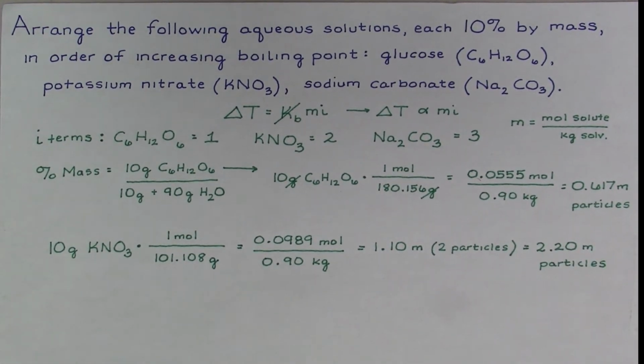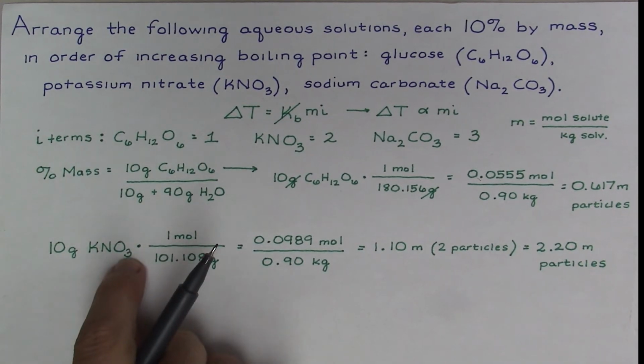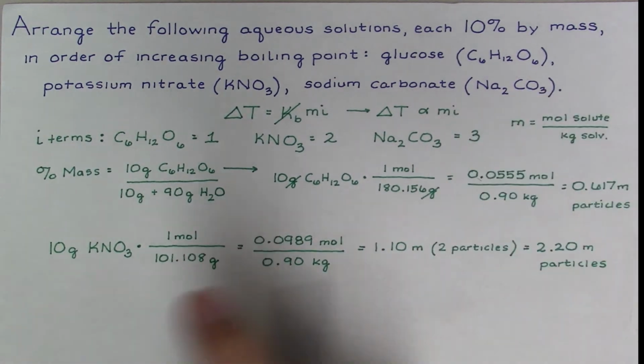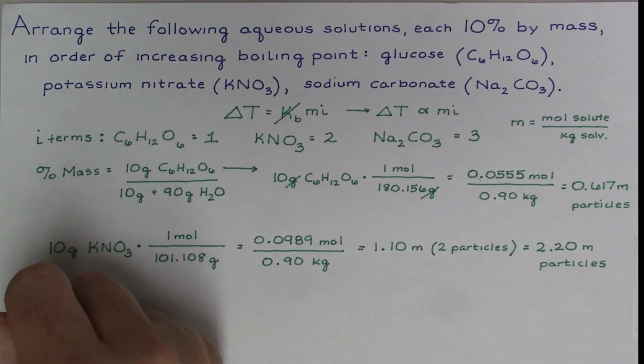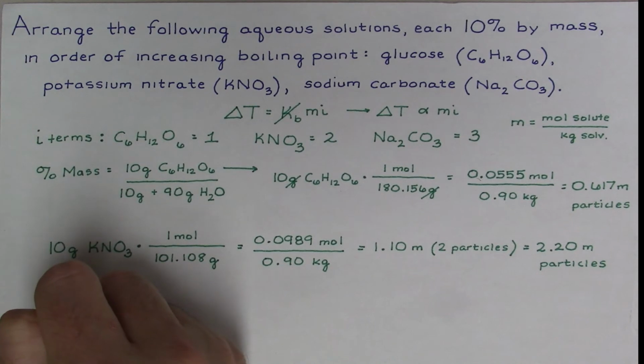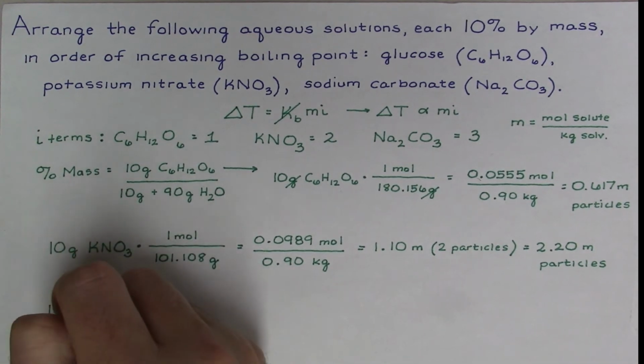Now we must go check our third solution. Our third solution in this case is our sodium carbonate. And we will go and have our 10 grams of our Na2CO3.